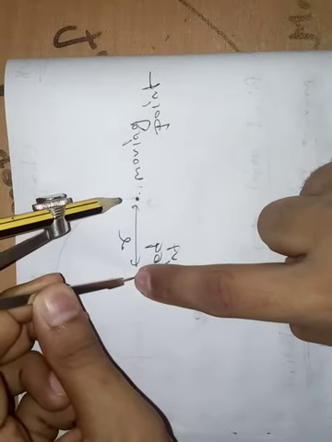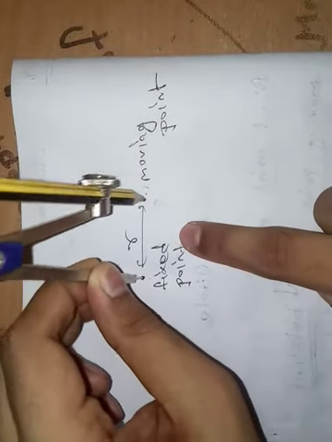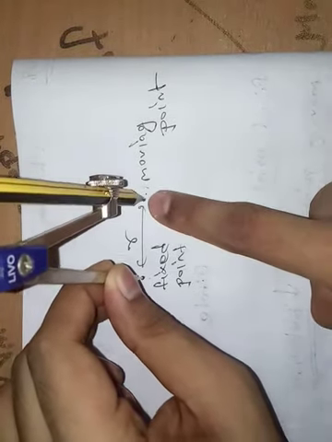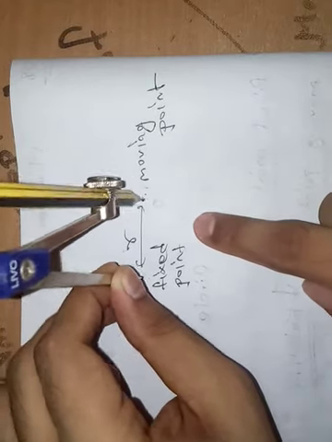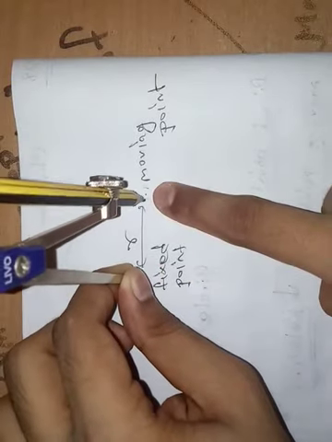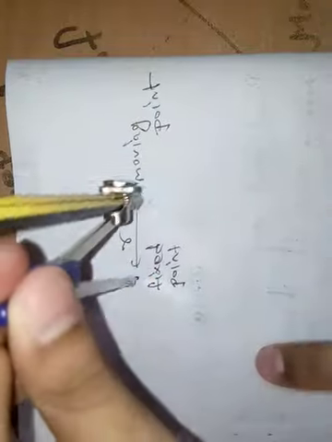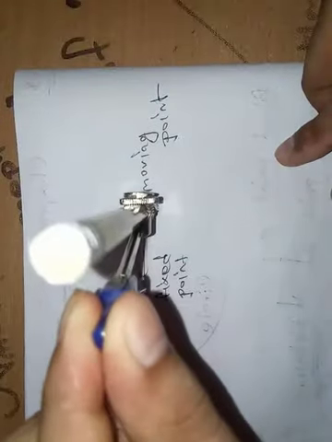I'm not changing it, but I'm changing the position of the pencil that I put on the moving point. That means I can move the moving point, and I'm moving it right now, but I'm moving it in such a way that the distance between the moving point and fixed point is constant in every place.